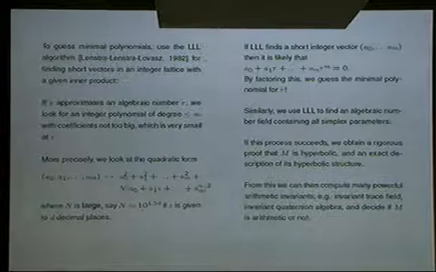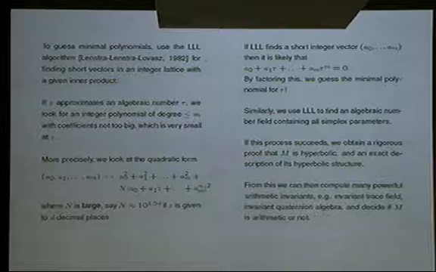So if this all works, what we've got is actually a rigorous proof that our manifold is hyperbolic, and we also get an exact description of its hyperbolic structure. We've got a minimal polynomial for each of the parameters, and we also know which root it is from the numerical approximations. And then you can do lots of things.